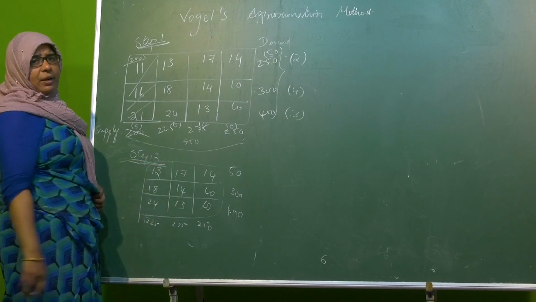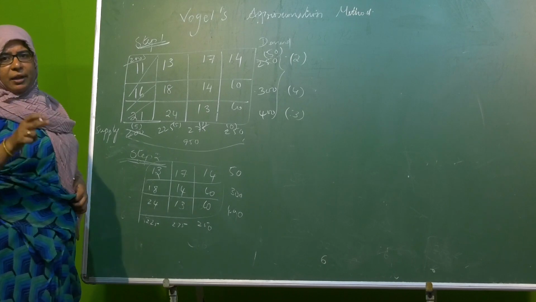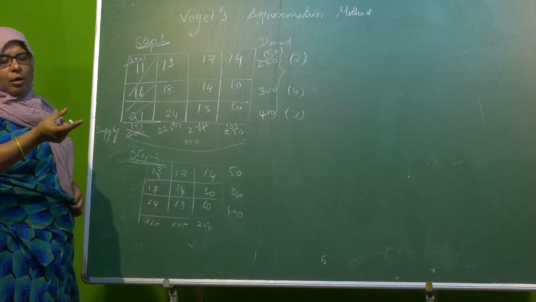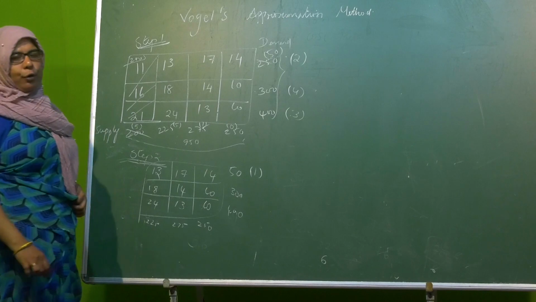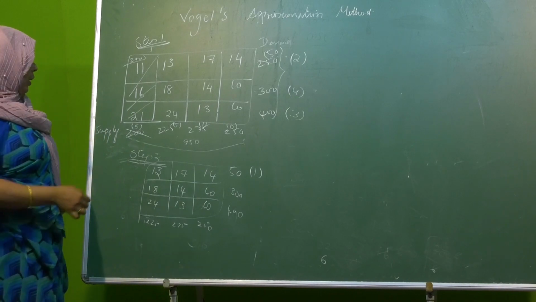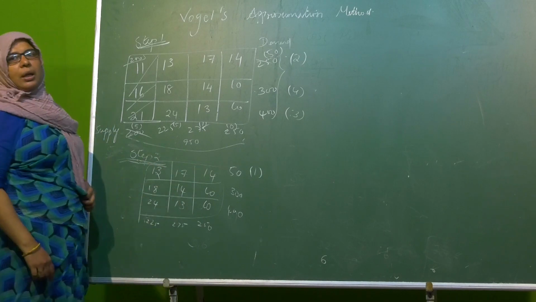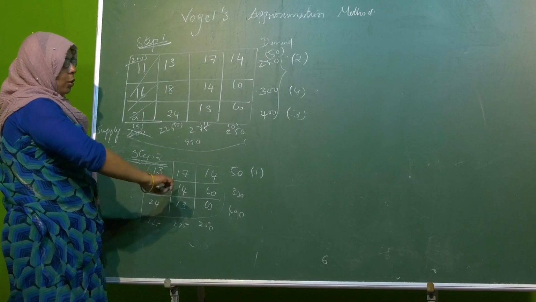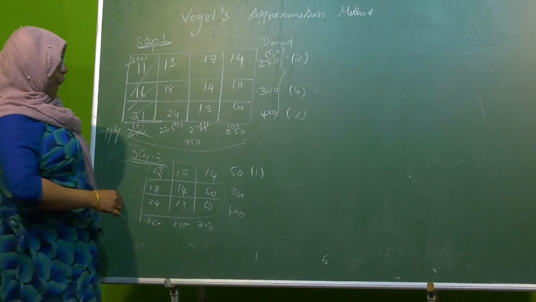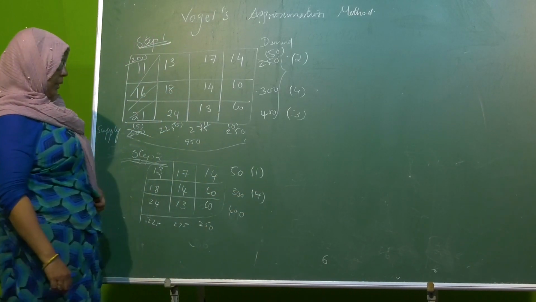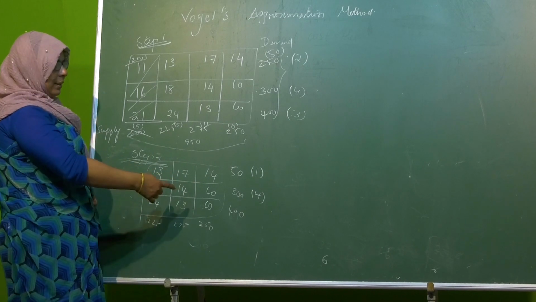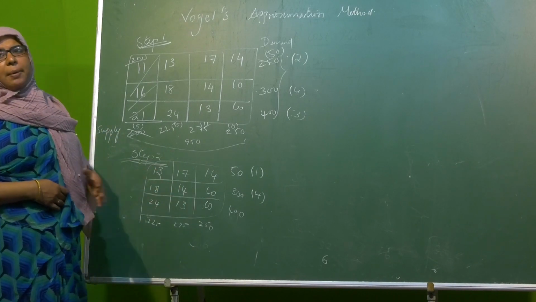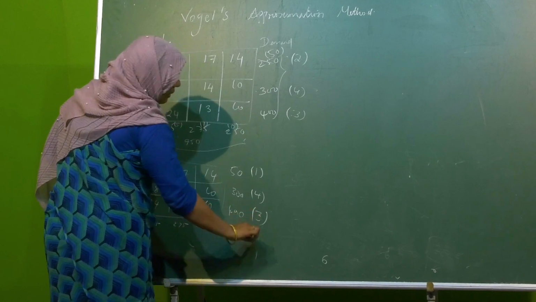The least element in the first row is 13 and the next least is 14, so the difference is 1. In the second row, 10 is the least and 14 is the next least, so the difference is 4. In the third row, 10 is the least and the next least is 13, so the difference is 3.